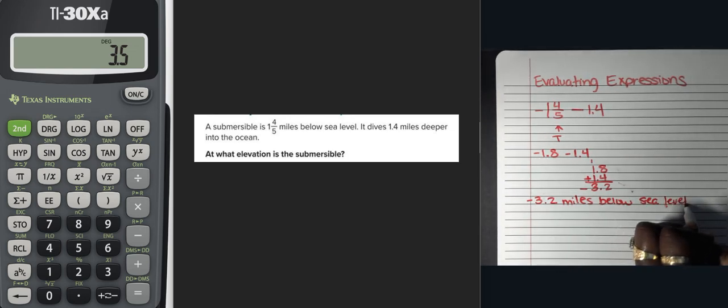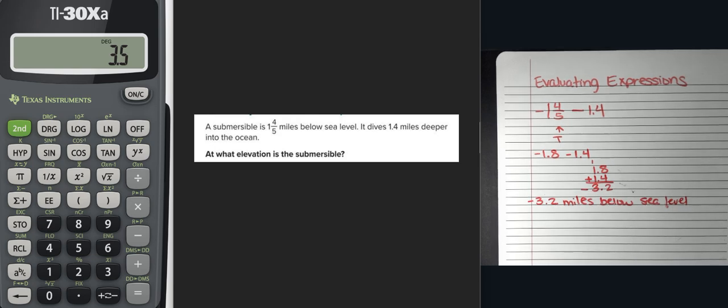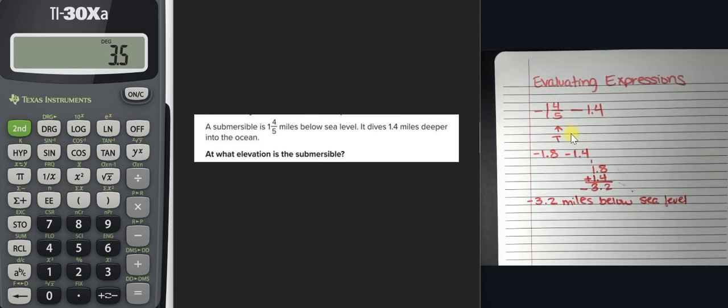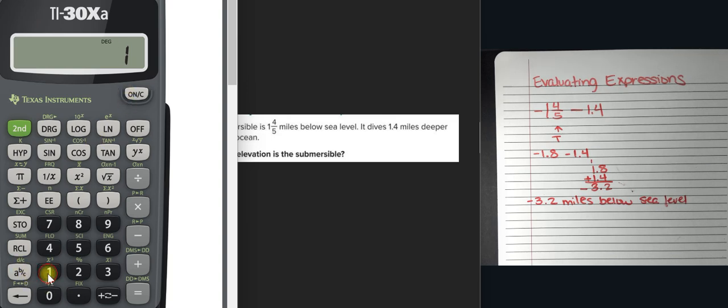All right. Now, of course, we could use our calculator if you know how to do that. So what we would have done is plugged in the 1 ABC, 4 ABC, 5. But remember, this is negative. So once you plug that number in, then you need to go and convert it into a negative. So there's our negative. And now we're going to subtract 1.4.